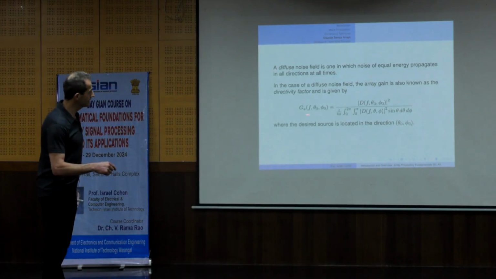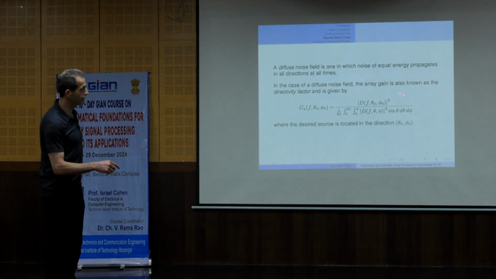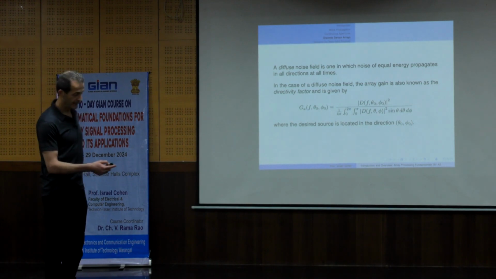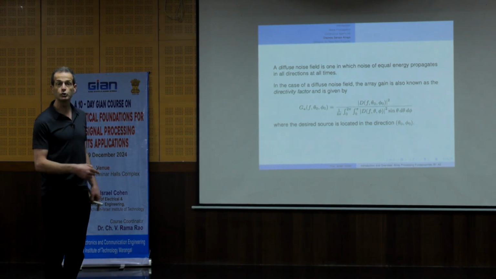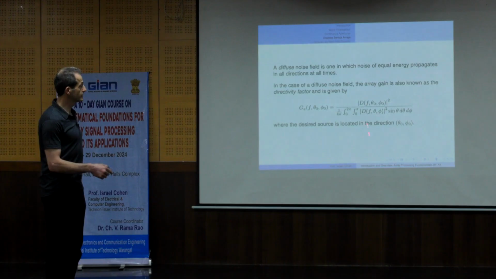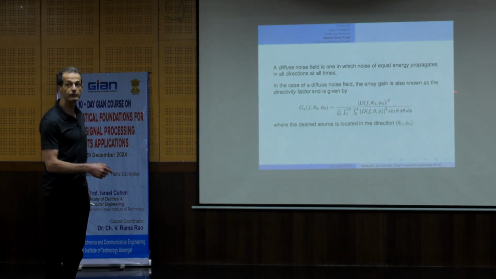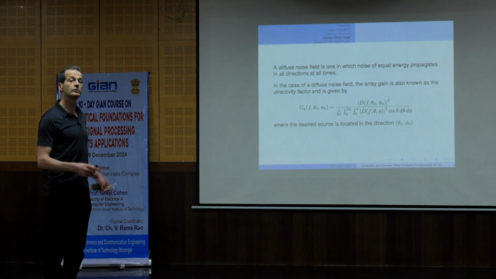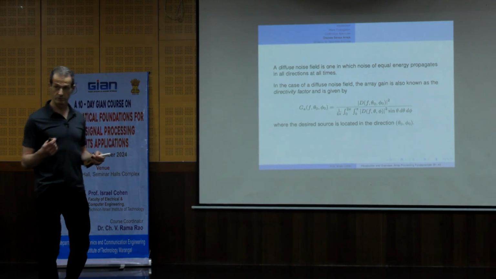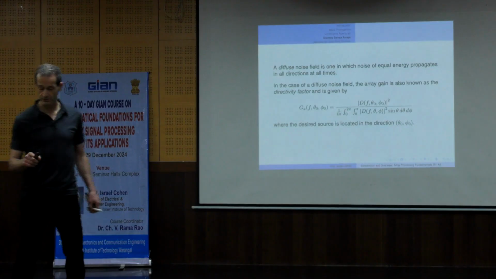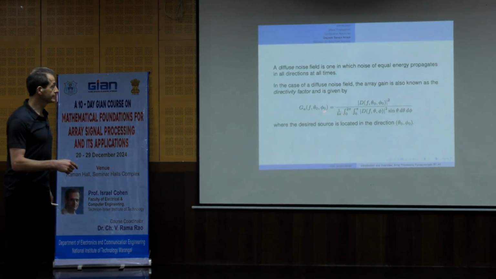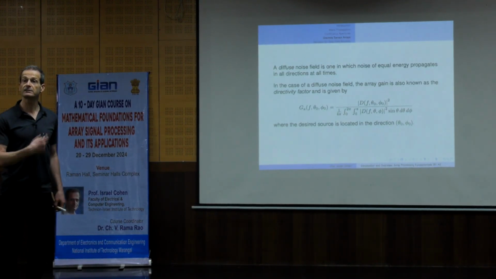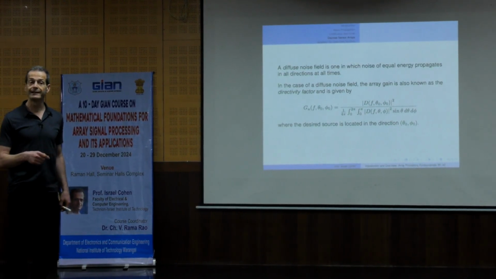If this is the array gain for far field, what we saw before, and now we saw that the directivity pattern is different for near field. So if we want to compute the near field array gain, what does it mean, array gain for near field?